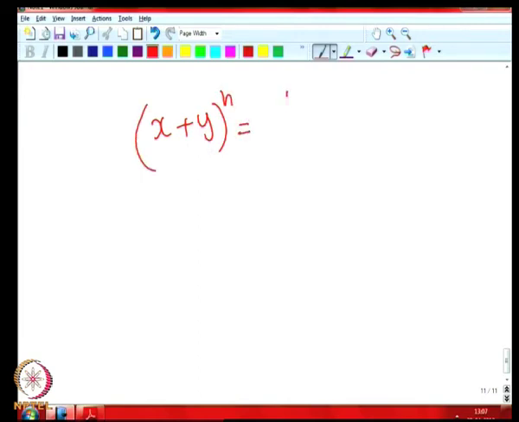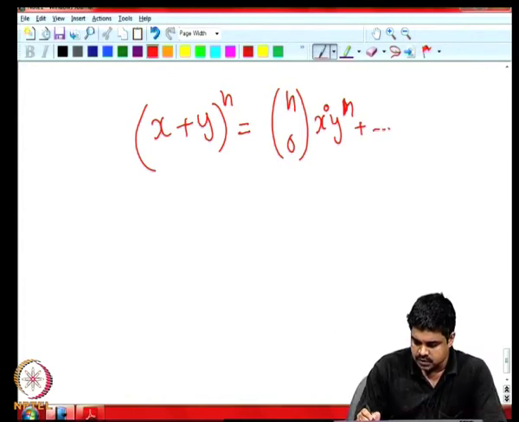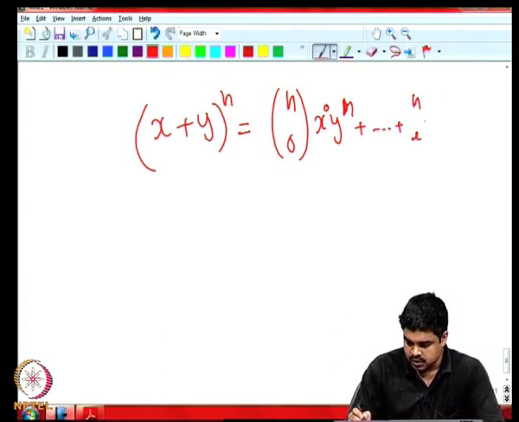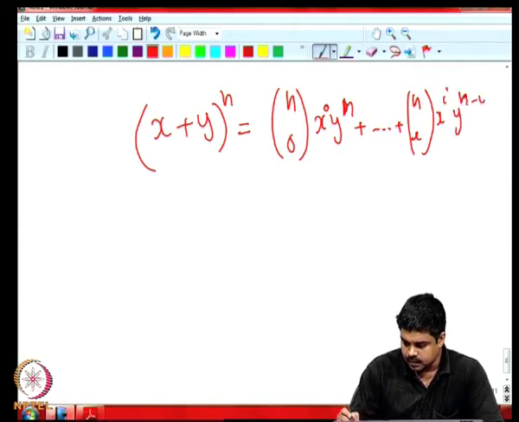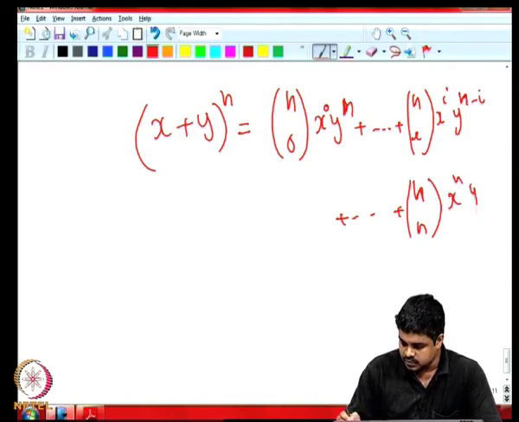This is the way we wrote it: n choose 0 into x raised to 0 into y raised to n, plus, and so on, n choose i into x raised to i, y raised to n minus i, and finally n choose n, x raised to n, y raised to 0.